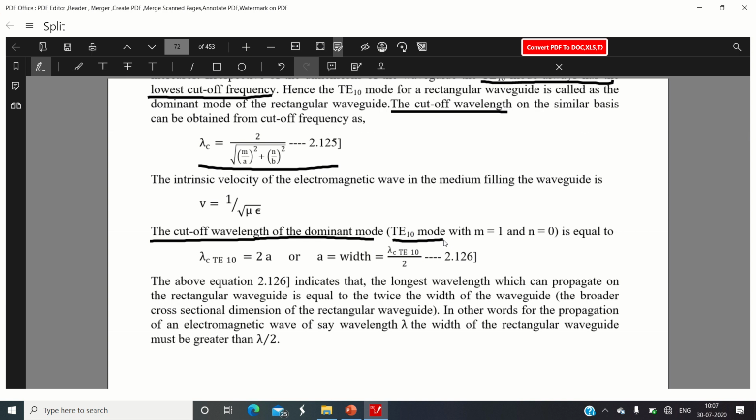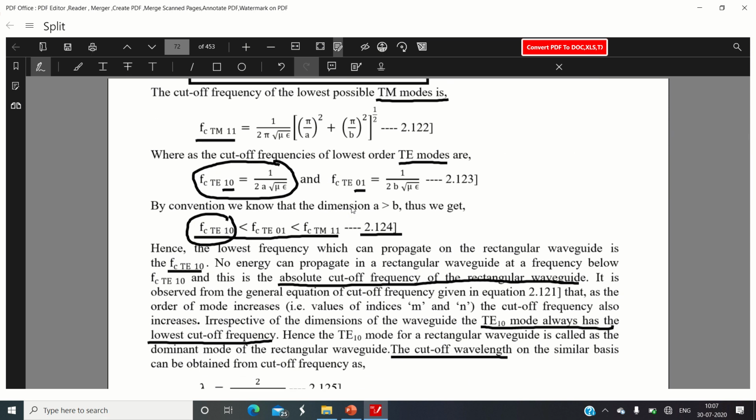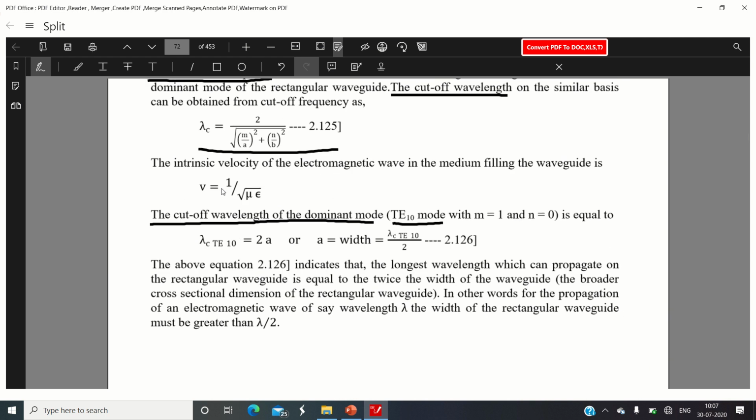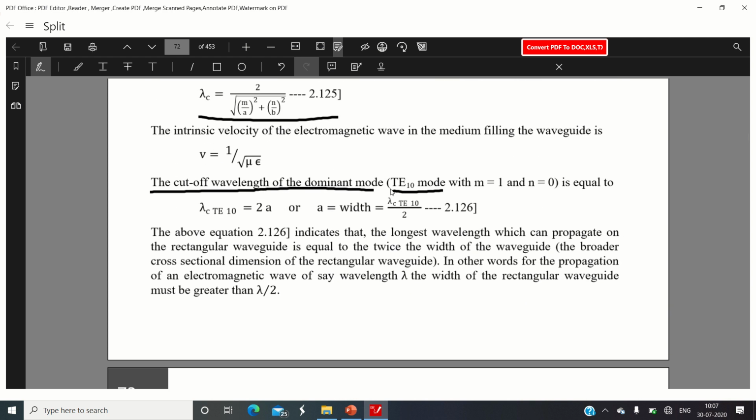What is the dominant mode? The dominant mode is the mode of operation of the rectangular waveguide with minimum cutoff frequency. We saw that the minimum cutoff frequency mode is the TE10 mode, and that's why the dominant mode of the rectangular waveguide is the TE10 mode with m equal to 1 and n equal to 0.